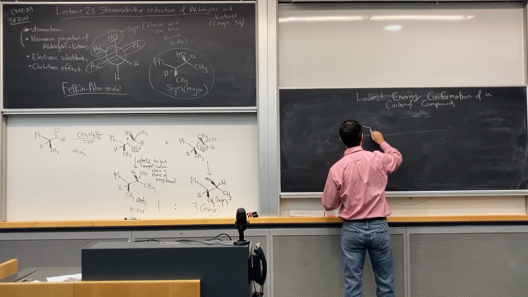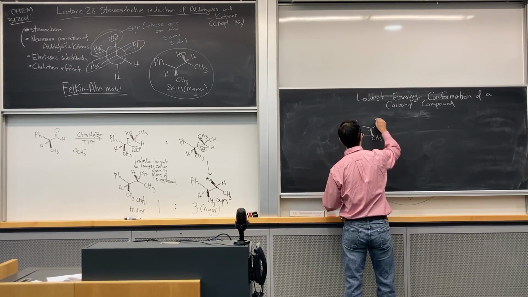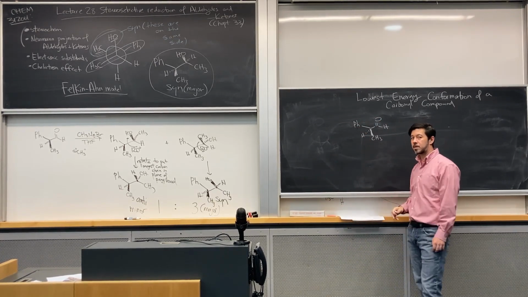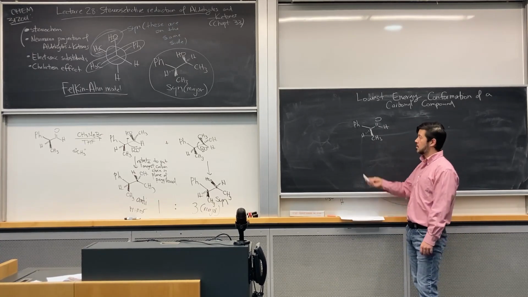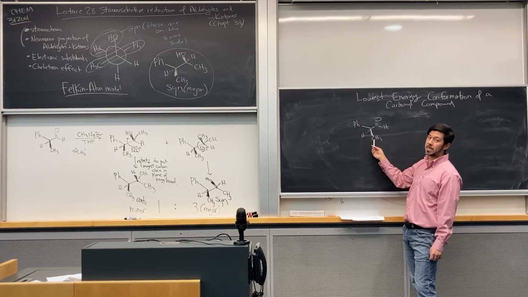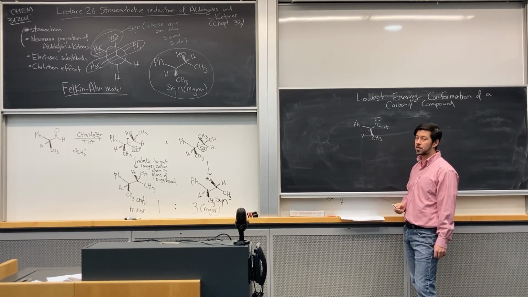So in this particular example that we spent a lot of time on, we have 3 different groups that differ in their size. We can call this phenyl group large, this methyl group medium, and this hydrogen small.